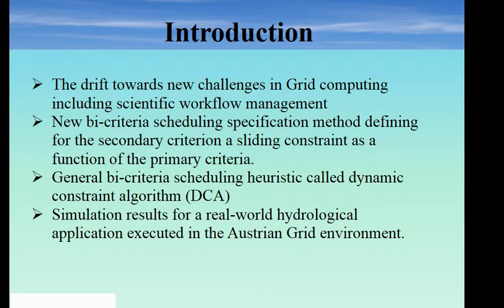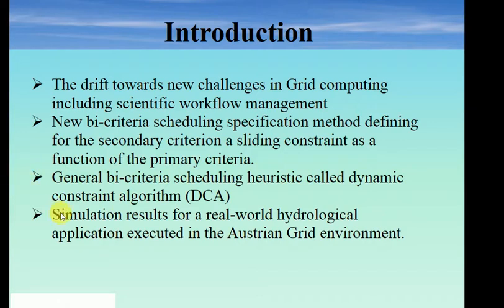So then it comes to the bi-criteria scheduling algorithms, defining the secondary criterion as a sliding constraint as a function of the primary criteria. If I explain now what a sliding constraint is, you will not be able to understand, so I'll explain this in the next slide.